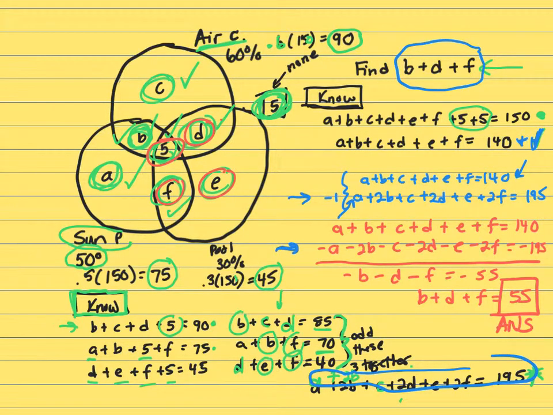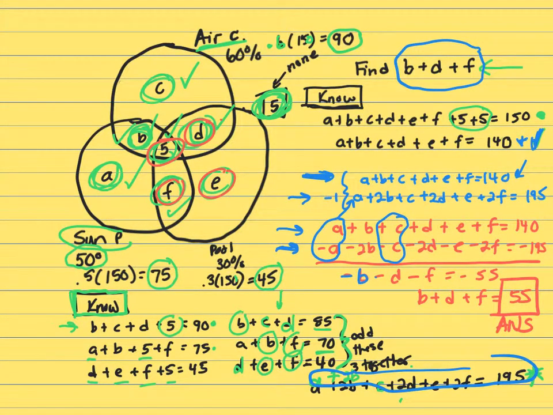Negative A minus 2B minus C minus 2D minus E minus 2F equals negative 195. This top equation, I just brought this one down. Okay? And now I add the 2 together. You see how the A's will cancel out? Combine the B's and you're left with negative B. The C's cancel out.